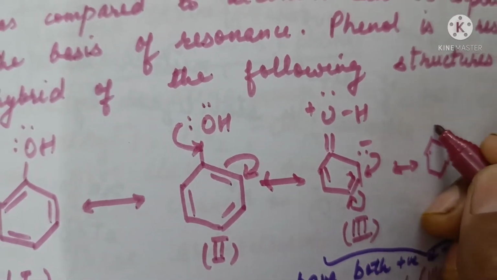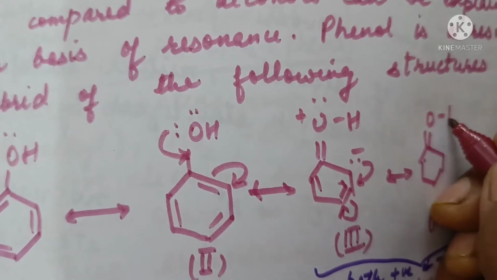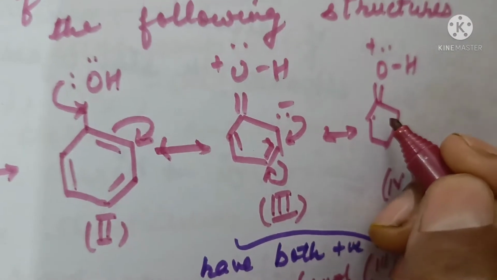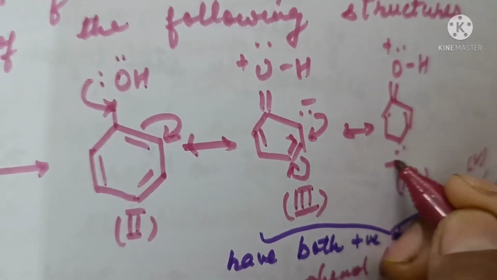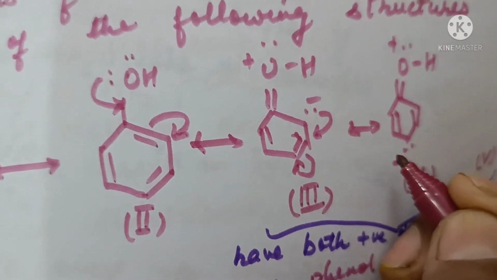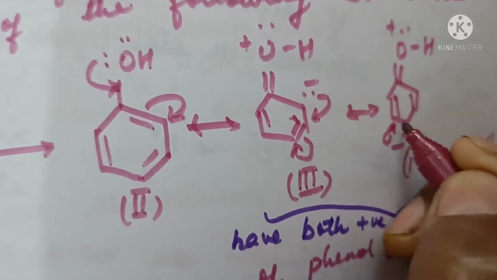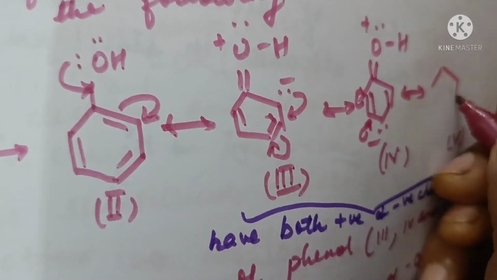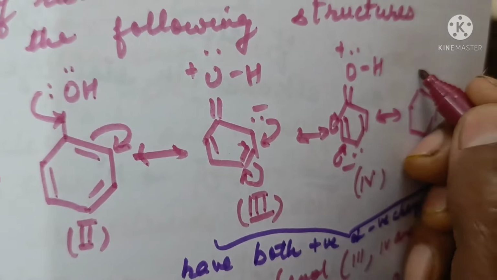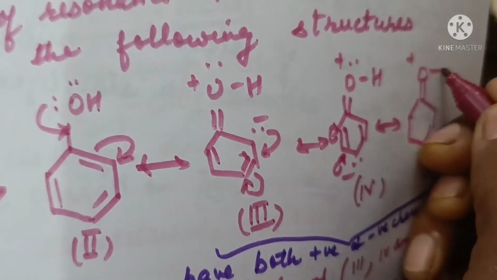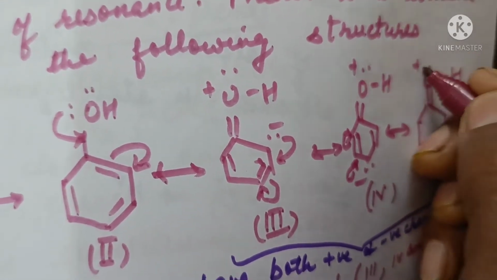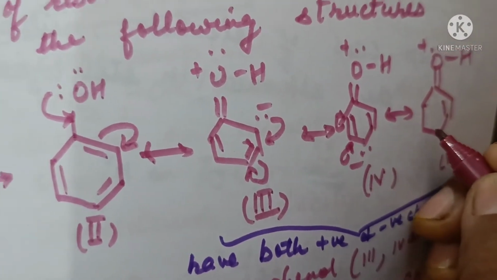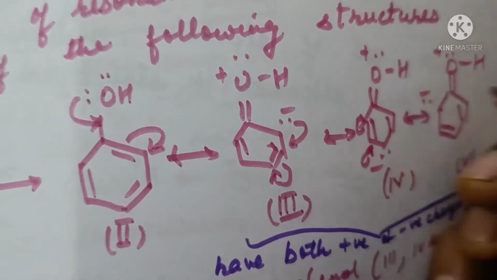Again, there is a positive charge on the phenolic oxygen, and a bond comes over here, negative charge here, and a bond is placed here. In the next structure, these electrons move to this bond, these electrons move to this atom. So we get structure number 5, where we again have a positive charge on the oxygen atom, and we have a double bond here, double bond here, and negative charge here.